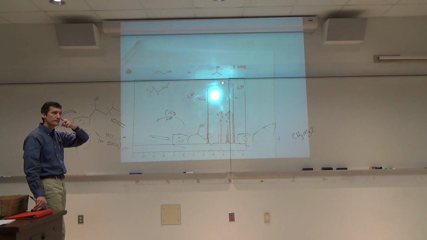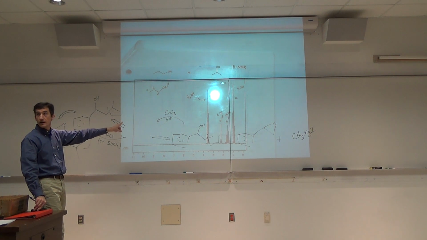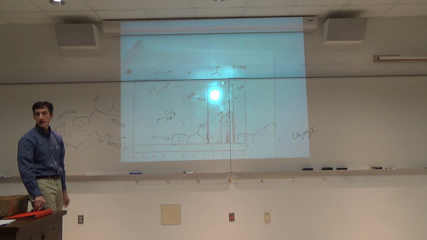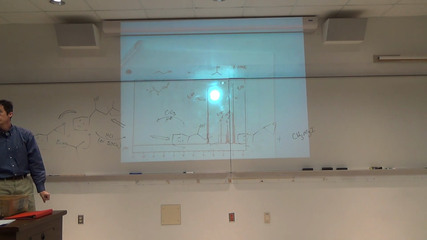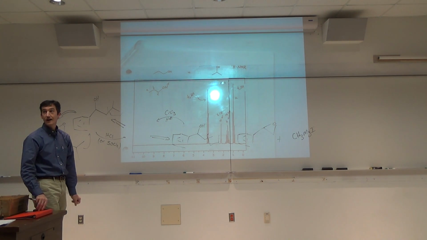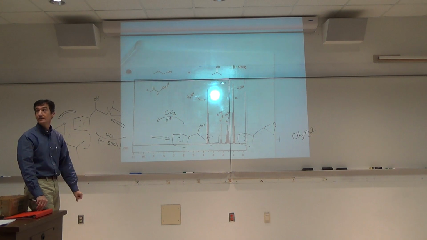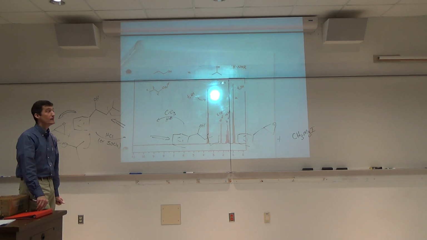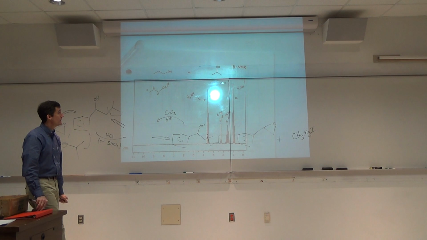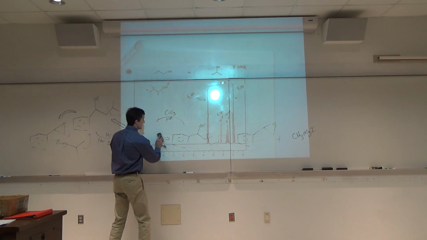When we first looked at this a while back, can you now tell these two alcohols apart by proton NMR? Hopefully very easy now. Any questions about NMR?